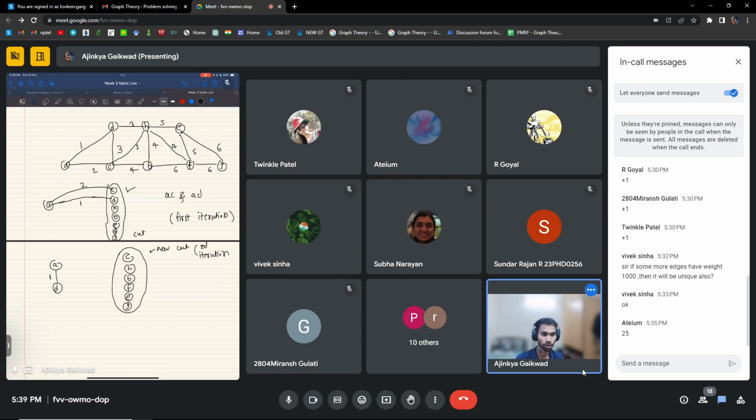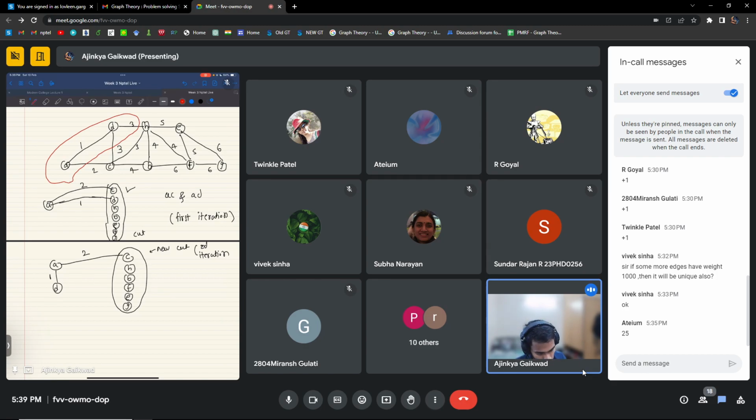Let's see what the cut edges are with respect to this new cut. I have AD on one side, and I can see three edges. One is AC, an edge of weight 2. You can see that AD is on one side and the rest on the other.